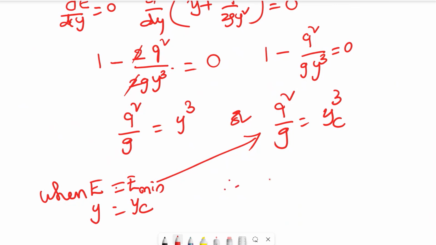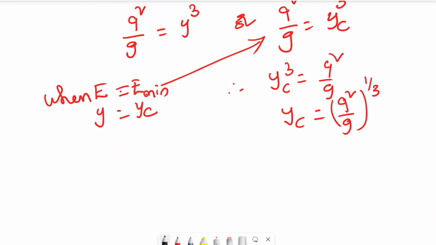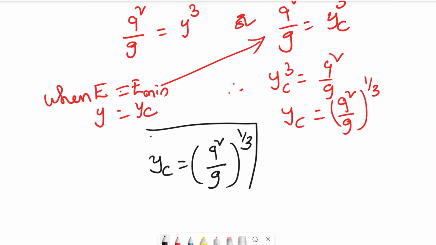So therefore yc cubed is equal to q squared by g, or yc is equal to q squared by g whole to the power of 1 by 3. Excellent equation. Again, remember critical depth is equal to q squared by g whole to the power of 1 by 3, and this equation is applicable to rectangular channels.